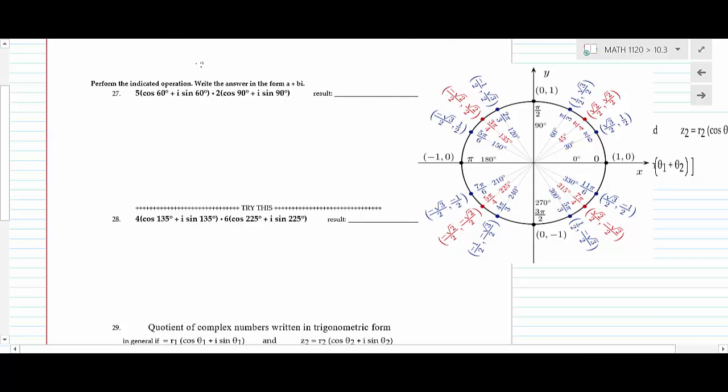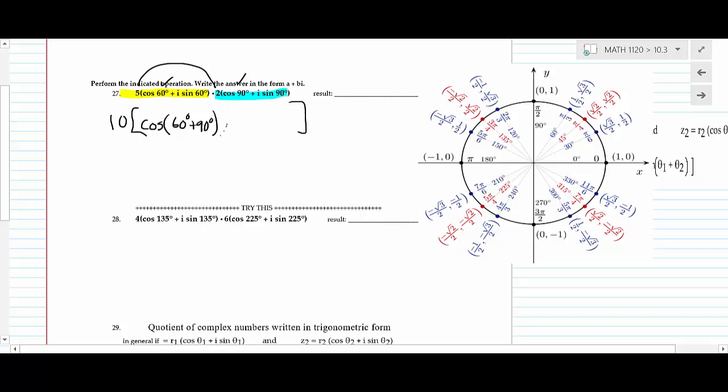So really what I'm going to do on this one is, we have two complex numbers that we're multiplying out. Now we're just going to use the formula I just showed you. We do 5 times 2, which is 10. Then we do the cosine, and we add the angles together, so that's going to be 60 plus 90.